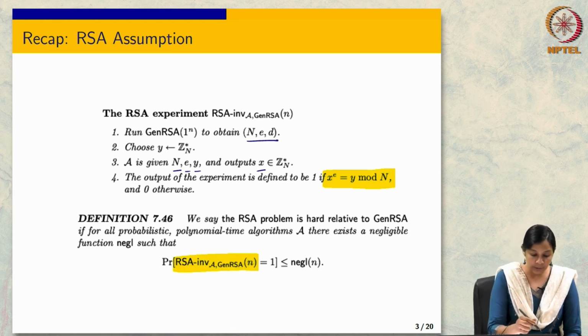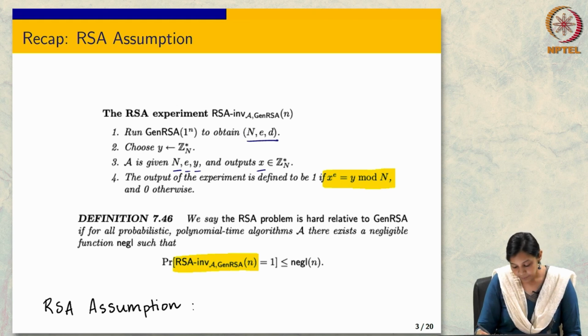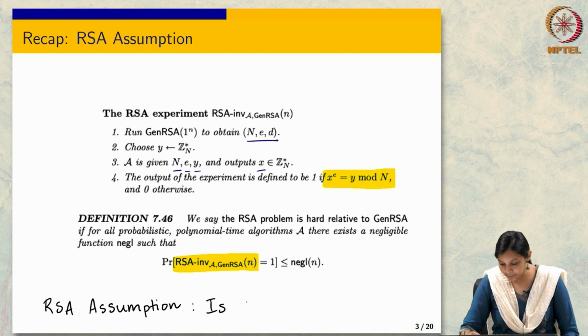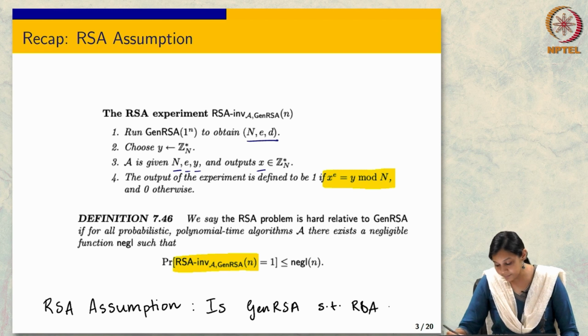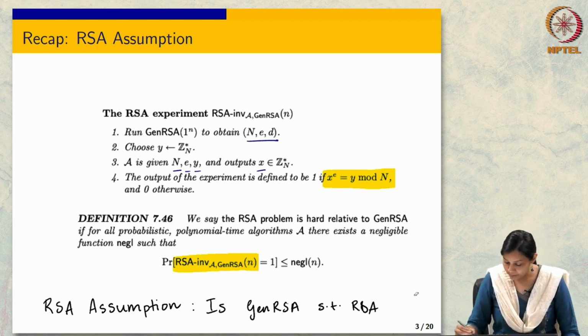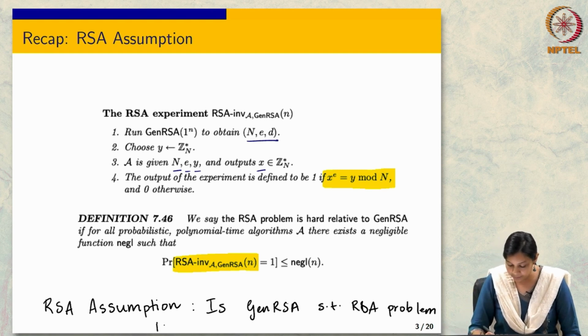The RSA assumption simply says that there is an efficient Gen RSA such that this RSA problem is hard relative to it.